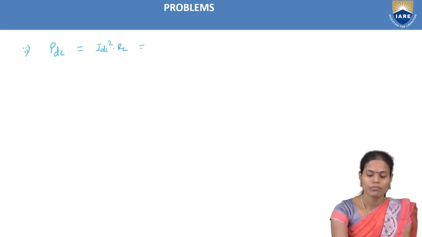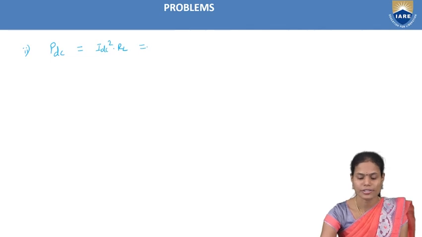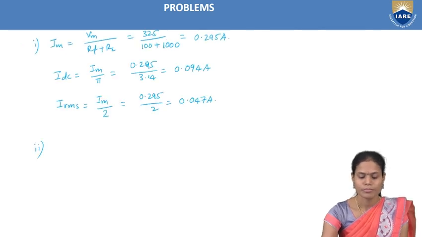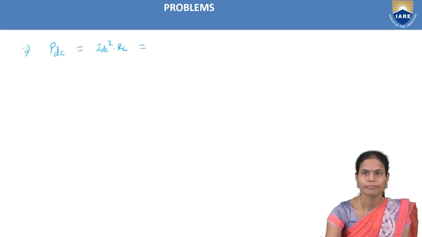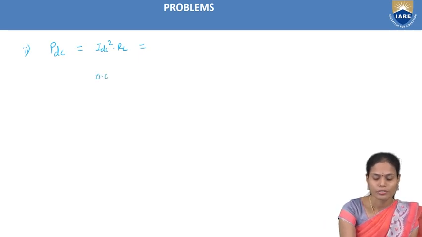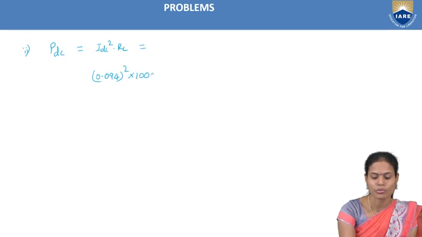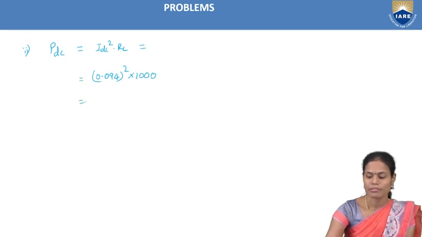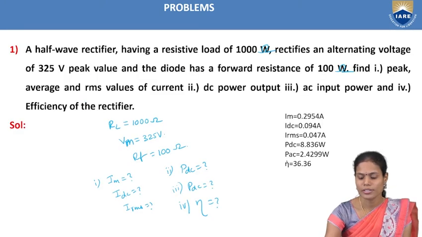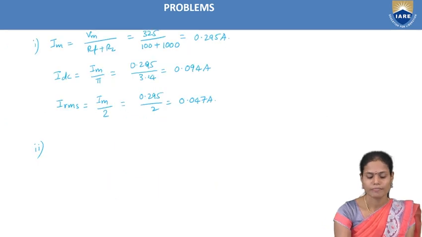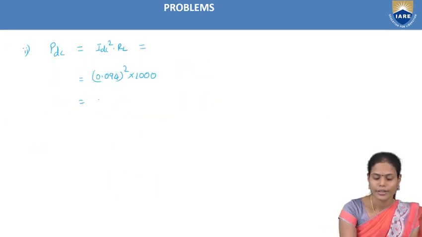We have already calculated the IDC value, that is 0.094, whole square, into RL value 1000 ohms. If we simplify this, we will get the DC power as 8.836 watts. So this is the DC power.